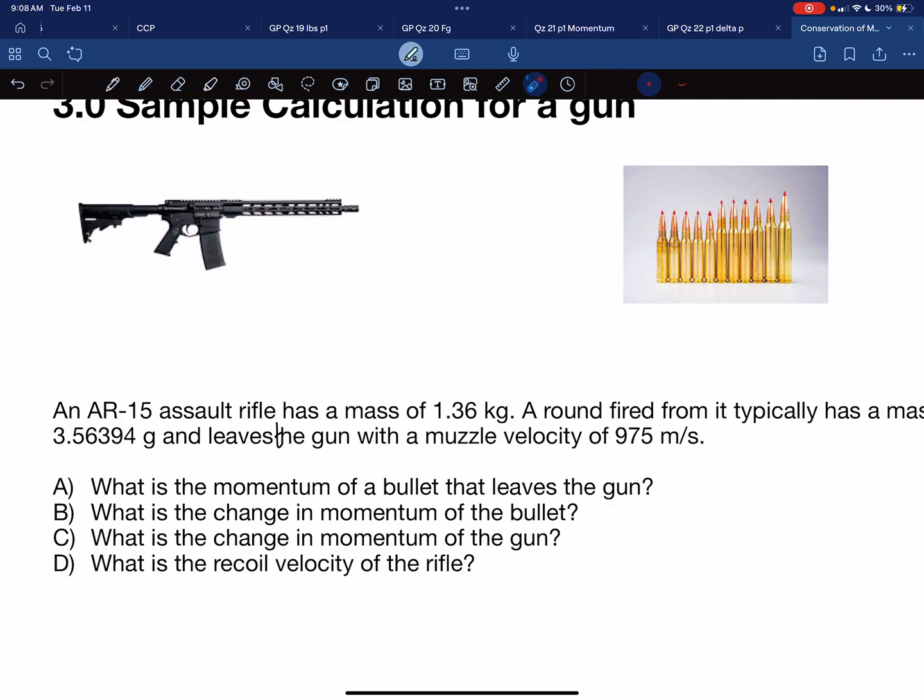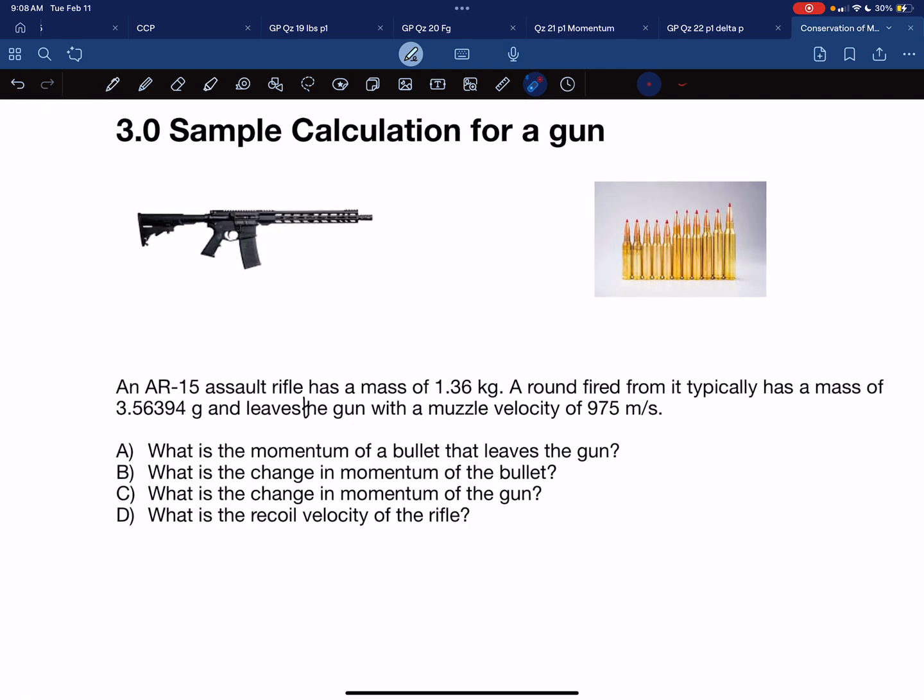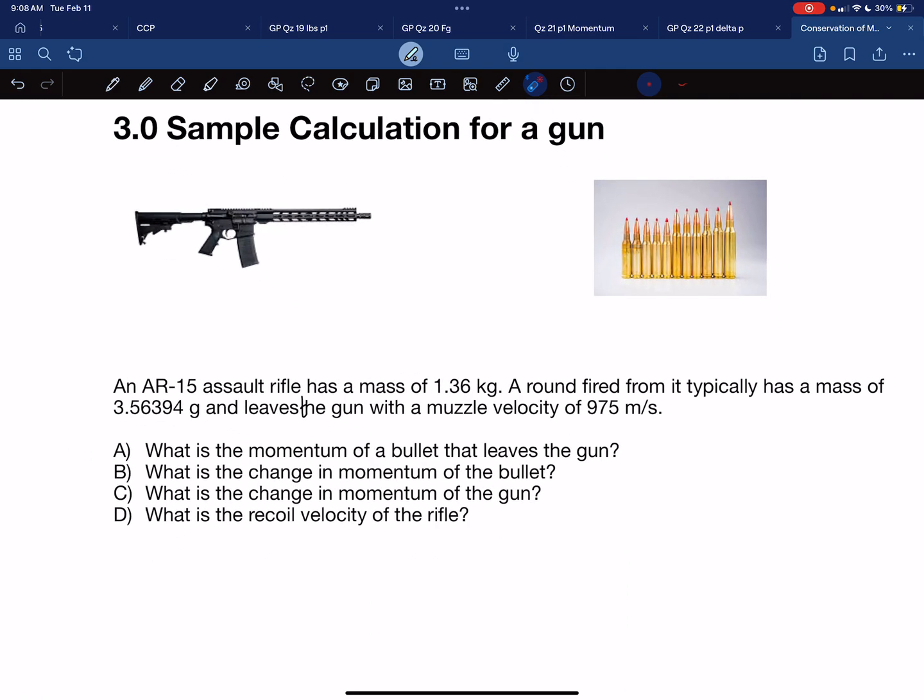The parameters I'm giving you in this problem are an average for a range of guns and bullets, which can have slightly different masses, so there can be a plus or minus to the rifle and to the bullet.